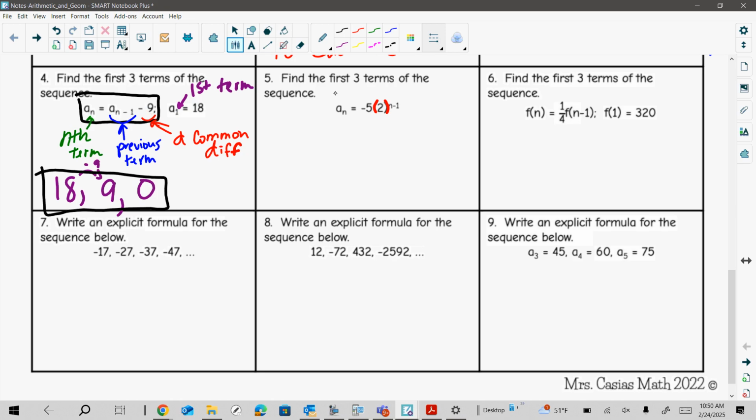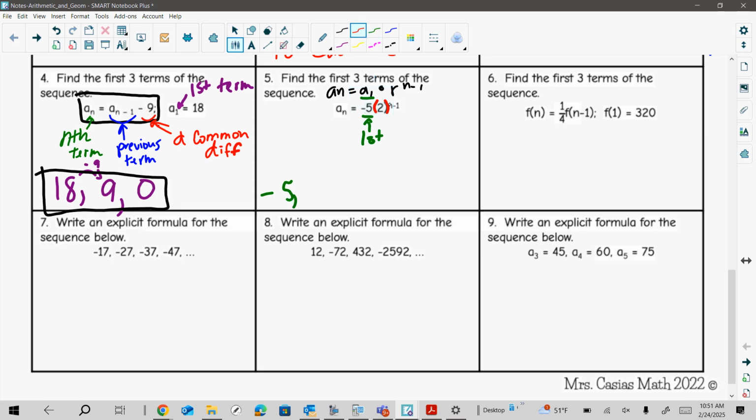The formula always looks like this: a sub n equals a sub 1 times r to the n minus 1. That means a sub 1 is the first term. So in this example, the negative 5 represents the first term. That's our first number.